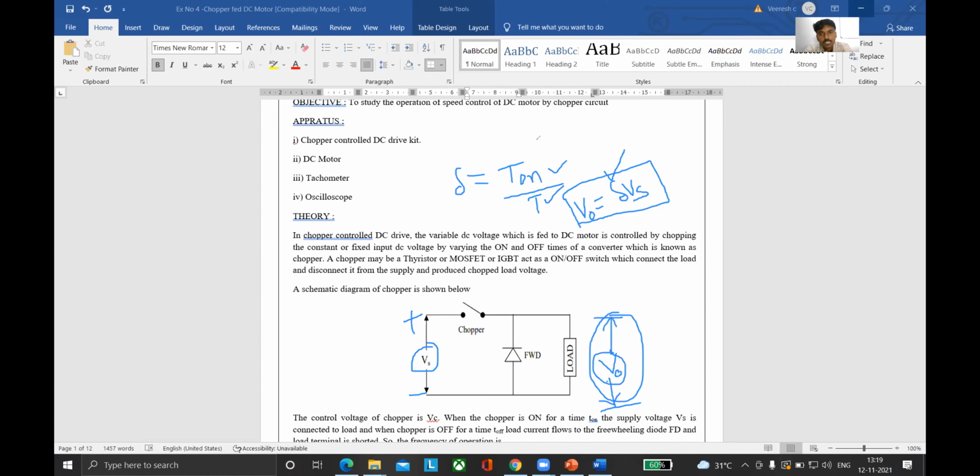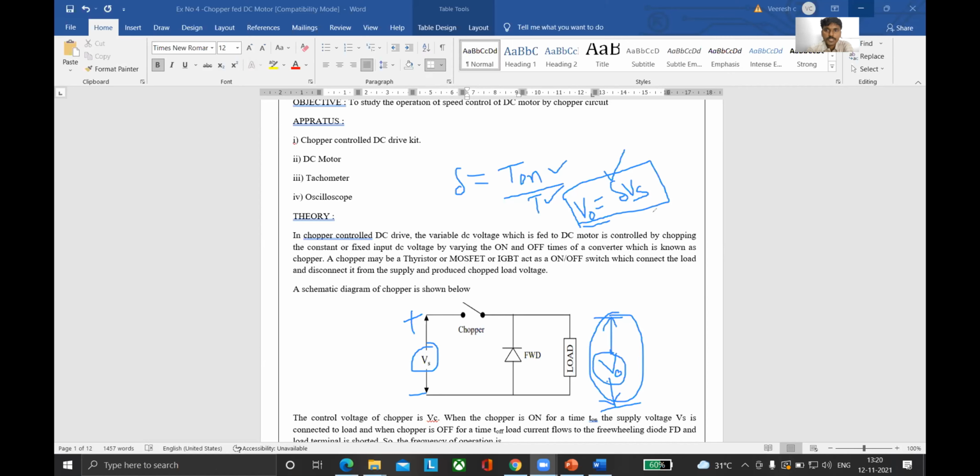If these two parameters, or any one parameter, change, the duty cycle can be varied. If the duty cycle varies, the output voltage is controlled, and if the output voltage varies, the speed of the DC motor also varies.